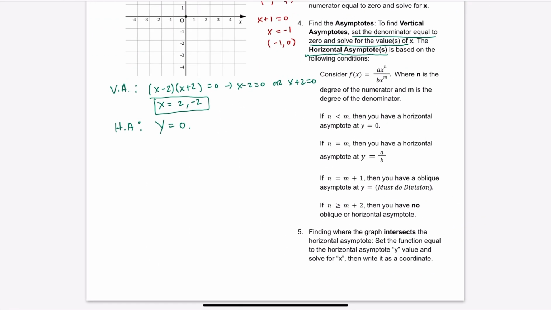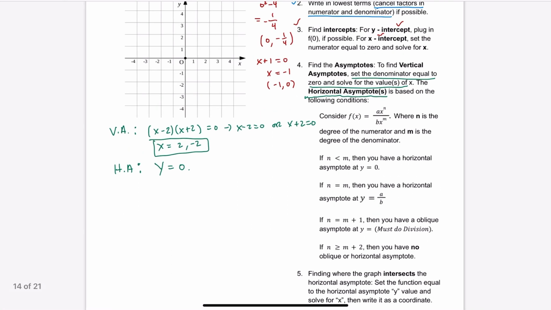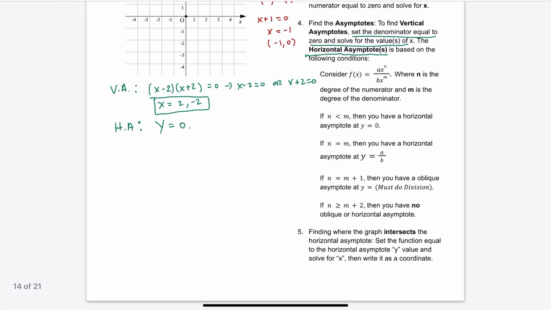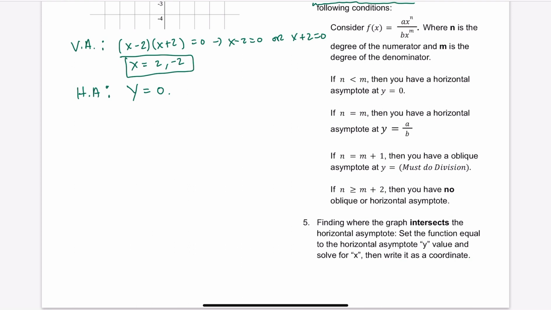Now we're getting closer to graphing. We're already at number 5, right? I hope if this is too much, please stop the video, go back, go forward, speed up, whatever it is you need. Lastly, we're going to find where the graph intersects the horizontal asymptote, and this might seem a little funky on what does that mean, but again, I'll touch base on that when we graph it, but for now, just take it at face value and then just go with it, right?